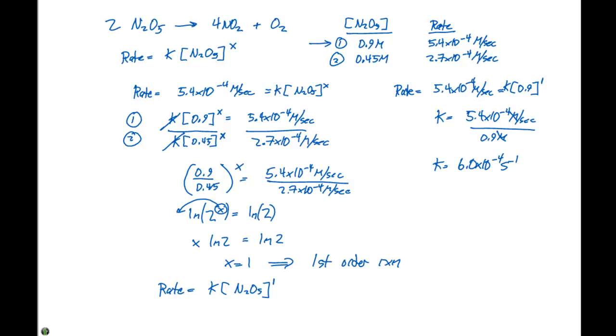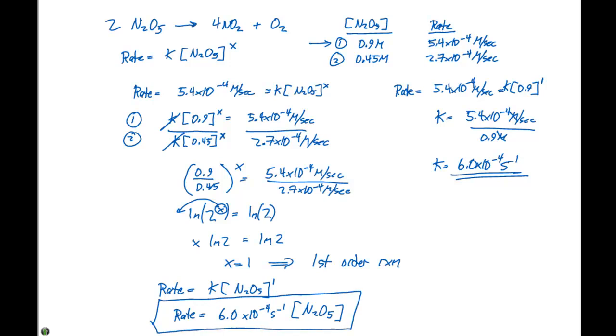So our overall rate law, if we combine this k term with the rate law we have, is that the rate is going to equal 6.0 times 10 to the minus 4 seconds to the minus 1 times the concentration of N2O5 to the first power. And this is our rate law for our particular reaction given the experimental data that we have.